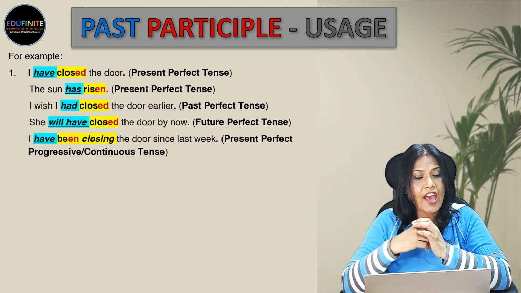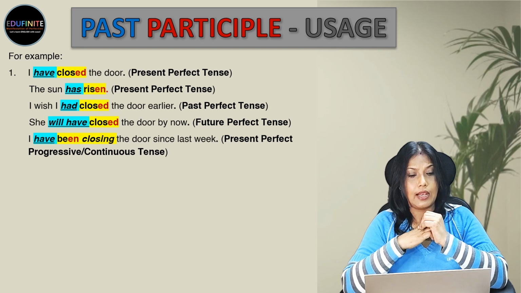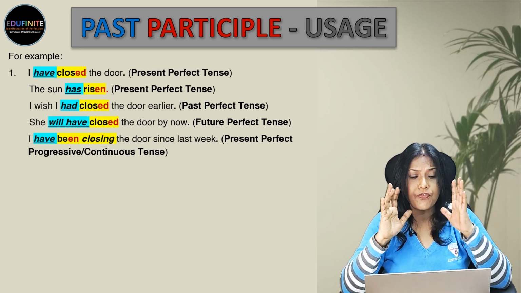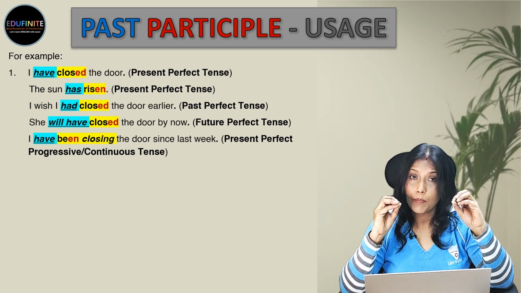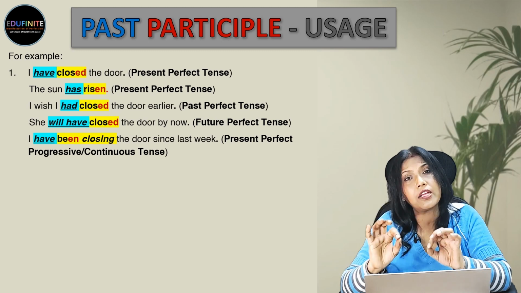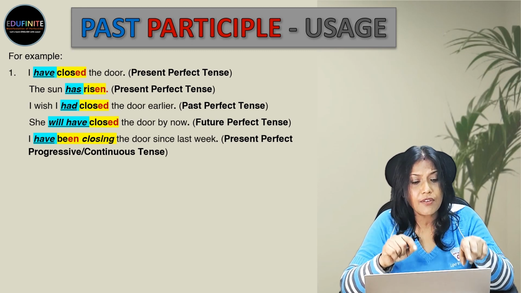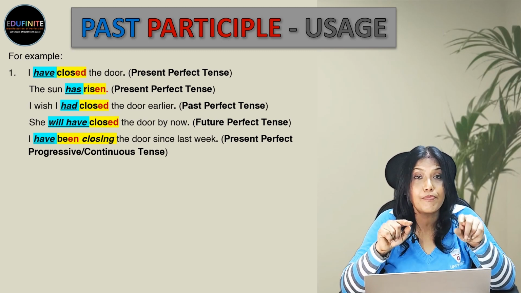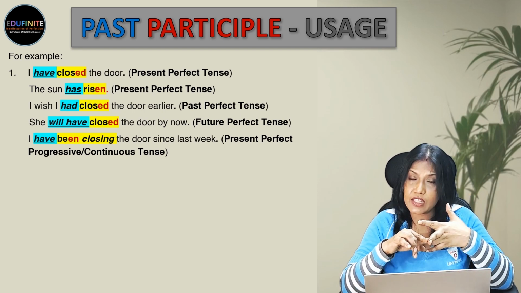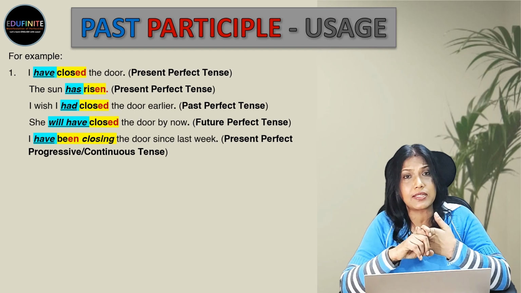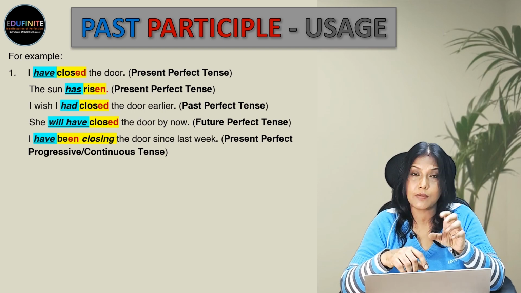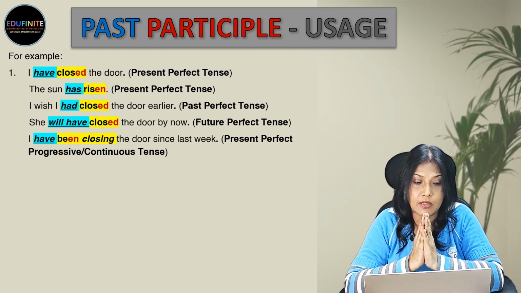Okay. The next one: I have been closing the door since last week. So in this, yes, when we were focusing on present perfect continuous tense, we were focusing earlier on the ing part, closing. But here we are focusing on have been. So while forming the perfect progressive tense or the perfect continuous tense, we have to take help of both the present participle as well as the past participle.